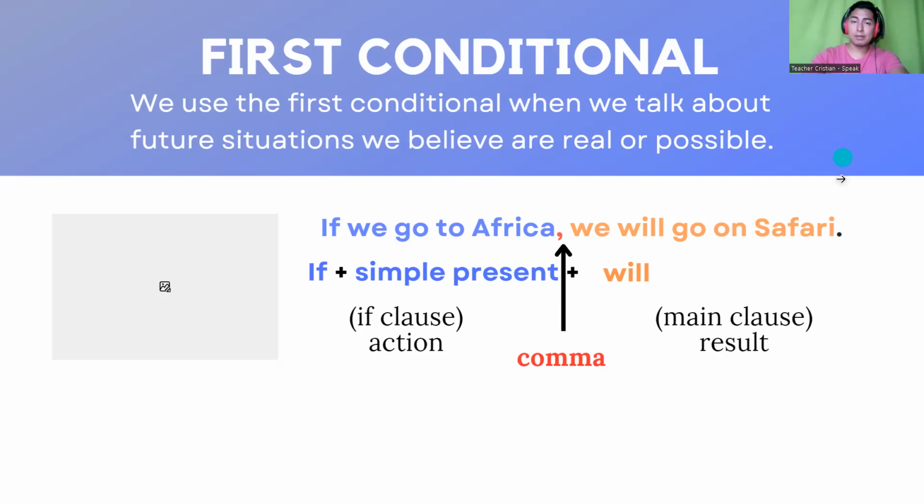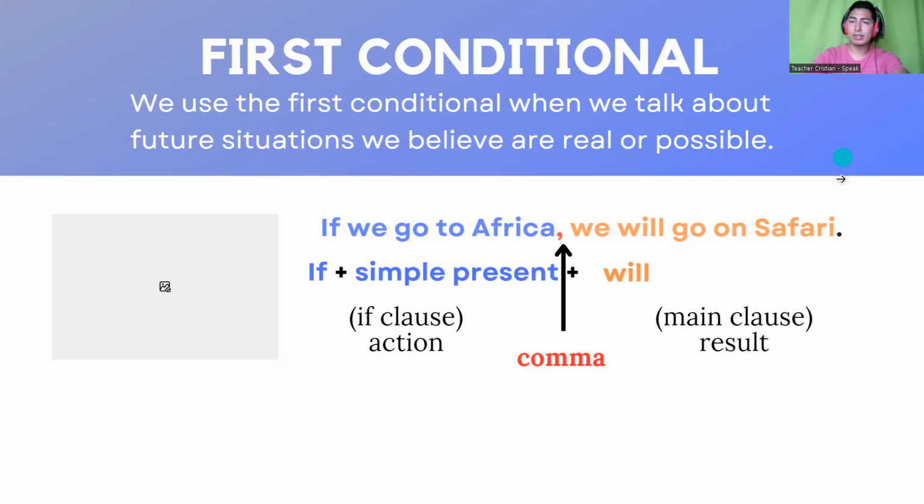This sentence is divided into two parts. The first part is an if clause: if plus simple present. It says, if we go to Africa.